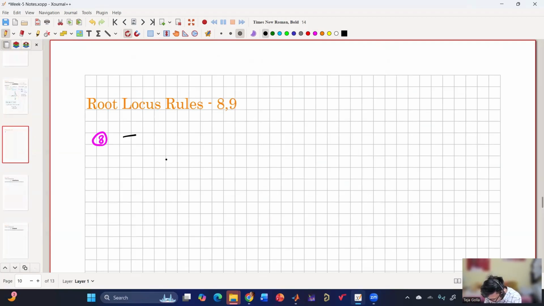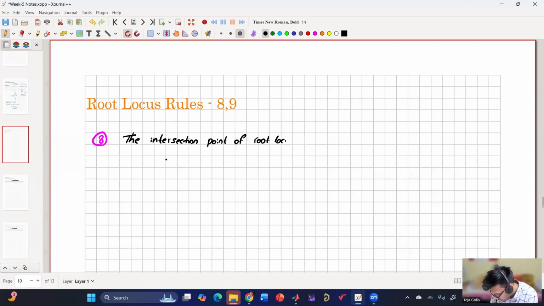The intersection point of the root locus can be obtained using the Routh-Hurwitz criterion, whatever we have studied last week.